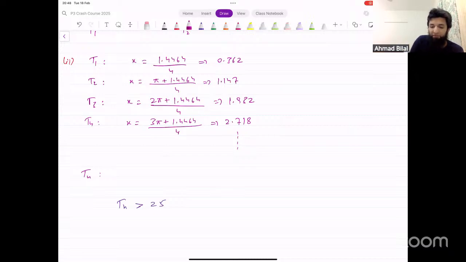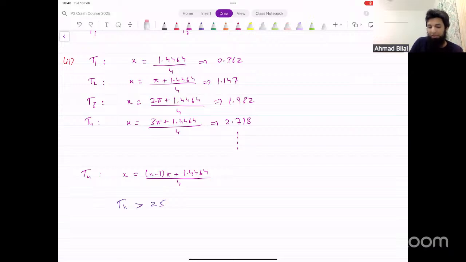If you were to figure it out directly from here, you see what's happening in each term? If there's 2 here, you're adding pi. If there's 3, you're adding 2 pi. If there's 4, you're adding 3 pi. If there's n, you would have n minus 1 times pi plus 1.4464 divided by 4. That will be the nth term of this. You put that greater than 25 and you'll find the value of n from that.